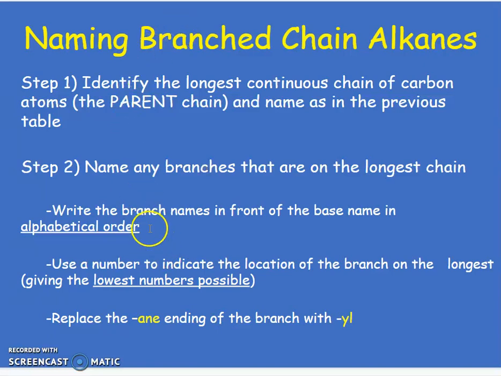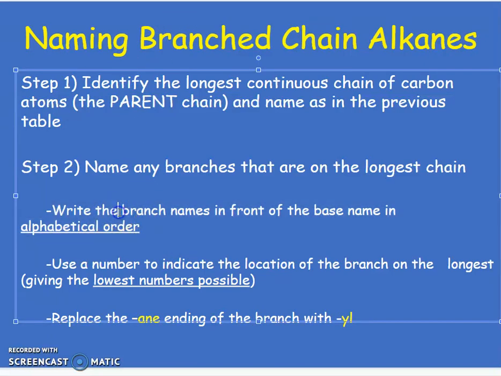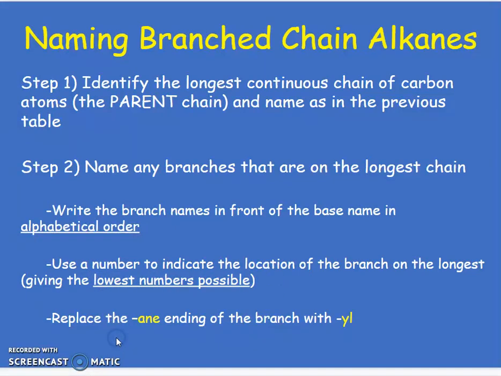Now, the order we write the branch names is going to be in alphabetical order. Okay, you'll see, we'll be doing a bunch of examples. You're then going to use a number to say where on the parent chain that branch is located. We always want the lowest possible numbers. Okay, so this may not make a whole lot of sense. It will once we start doing some examples together.